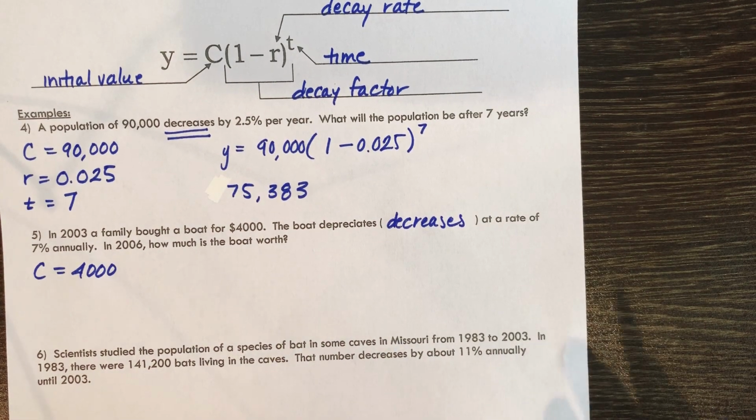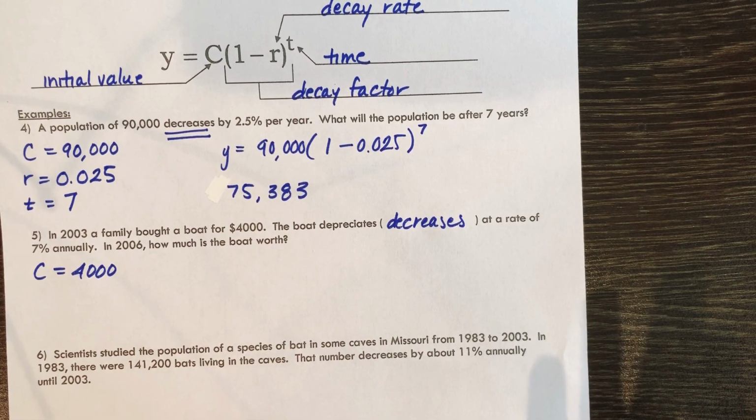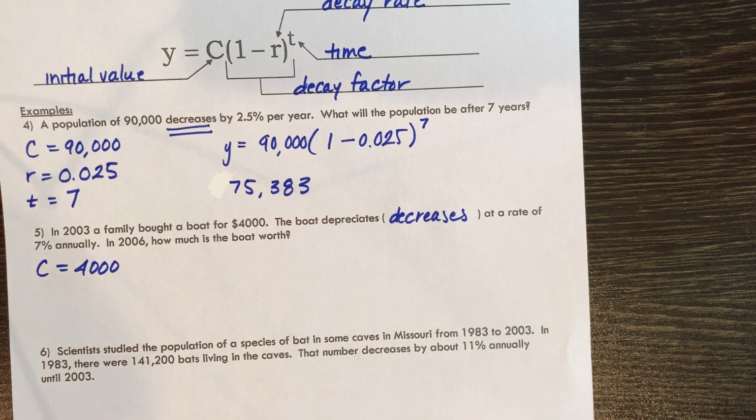It doesn't appreciate, it depreciates because the value is going to go down as time goes on. It's like a car, right? Houses become more valuable. Cars depreciate the minute you drive them off the lot. That's the famous line. Okay, so just in case you see that word depreciate, you know what it means now. It kind of looks like decreases, so hopefully that's easy peasy.